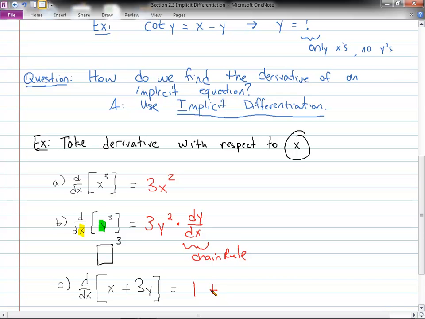Okay? Now what's the derivative with respect to x of 3y? It's 3, right? Because that's the derivative of 3y with respect to y times dy dx. That's it. So anytime you have the derivative with respect to x of some other variable, take it with respect to that other variable times dy dx.